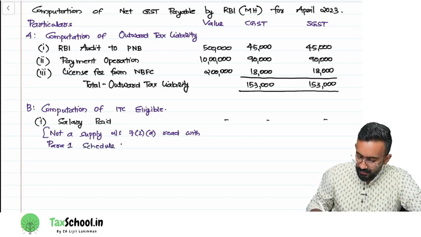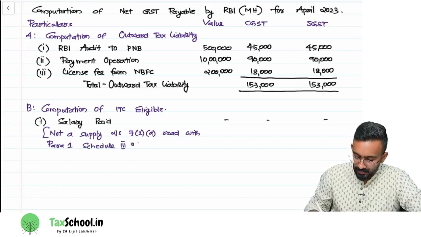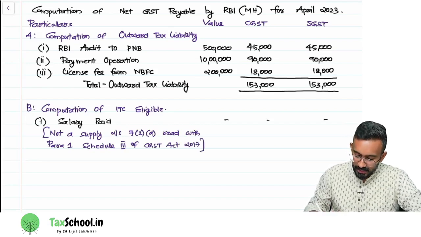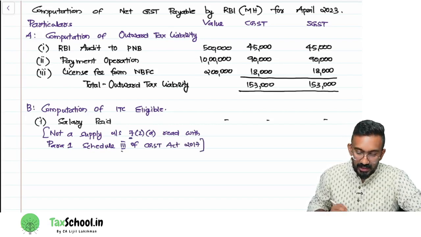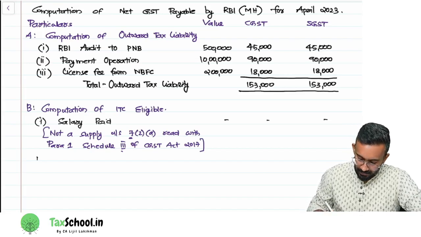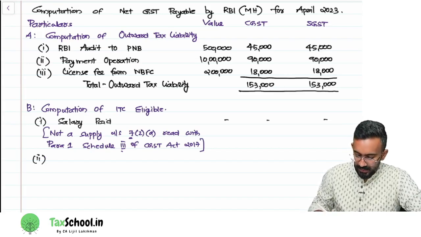Even if you write schedule 3 alone, your answer is still fine. I'm writing the full section and I'm telling you that even if you write section 7 alone here and schedule 3 alone here, still it will be considered to be a good answer. But if you're able to write the full para, it is great.